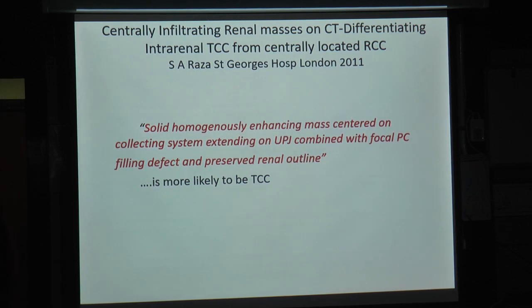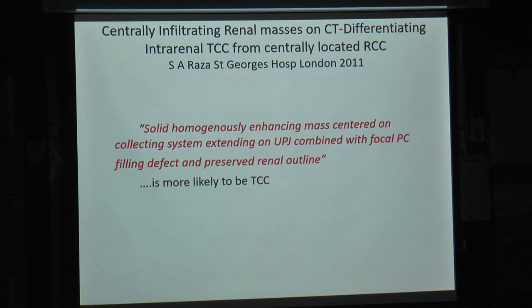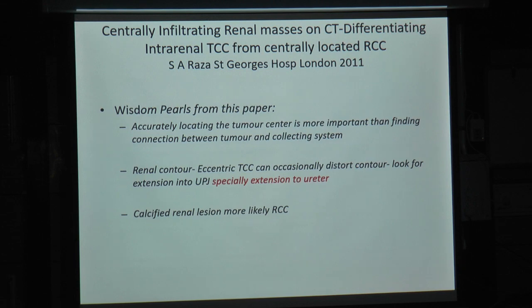That is our TCC without much difficulty. So, you look at these keywords: homogeneously enhancing mass, centered on the collecting system, extending into the UPJ or PUJ, whatever you call it, if not the ureter, combined with focal calcification, focal filling defect, preserved renal outline, likely TCC. So, what are the wisdom pearls from this paper?